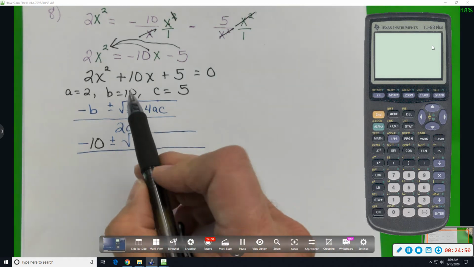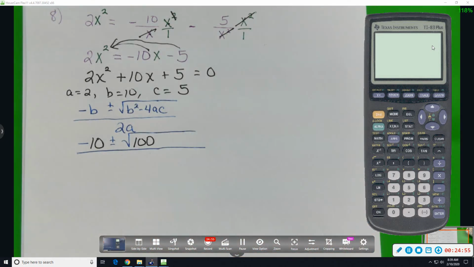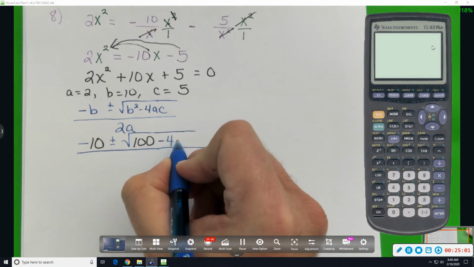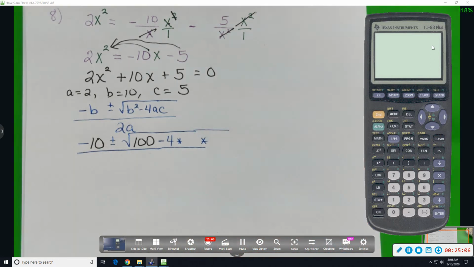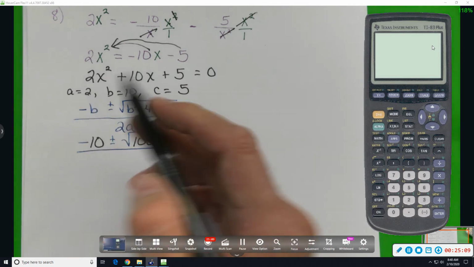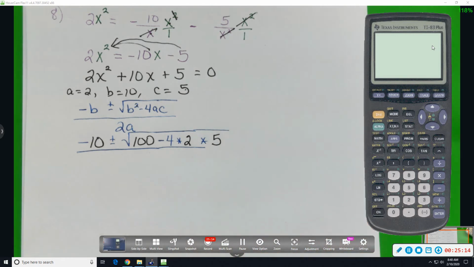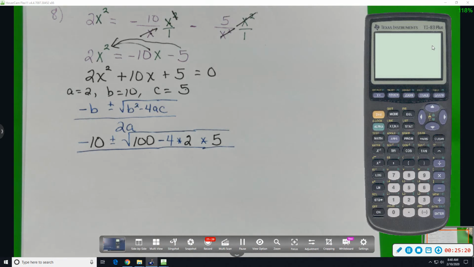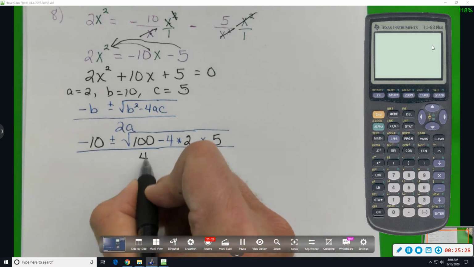The b squared, 10 times 10, that's 100, minus 4 times a times c. a is a black 2, c is a black 5, all over 2 times a. The 2 times a I'll do in my head. 2 times 2 is going to be a 4 on the bottom.